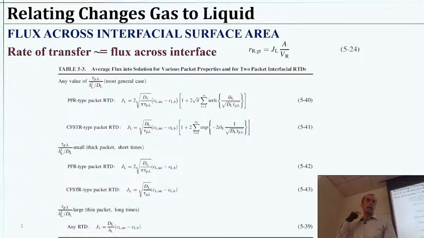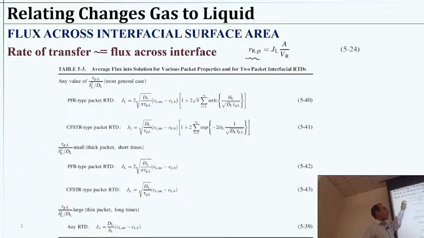So if we define the rate of transfer, it's going to be the flux of gas into the liquid times the area divided by the volume for some particular packet that we were talking about last time.